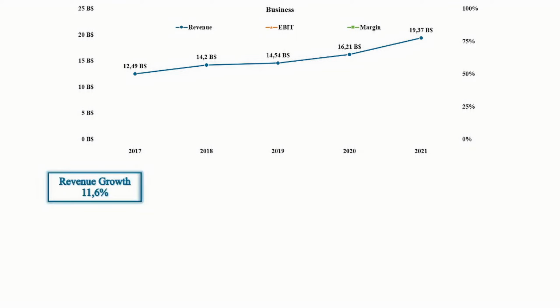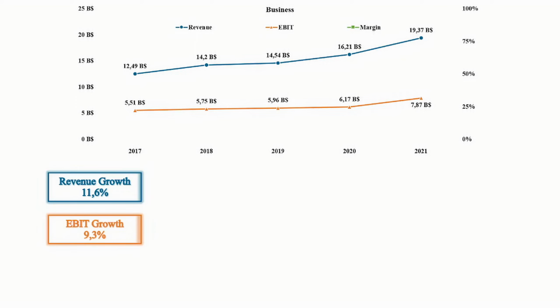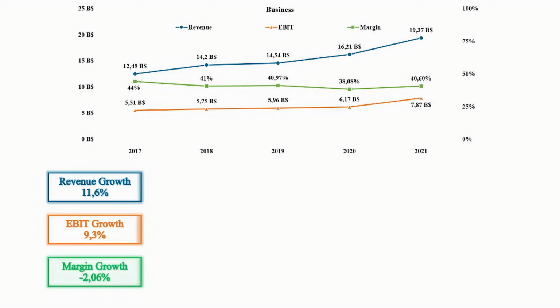In the same period of time, the EBIT increased from $5.51 billion to $7.87 billion, which gives an average growth of 9.3%. The margin is found by dividing the EBIT with the revenue, which in 2017 gives 44%, and in 2021 decreased to 40.6%. The margin therefore decreases by 2.6% on average each year.